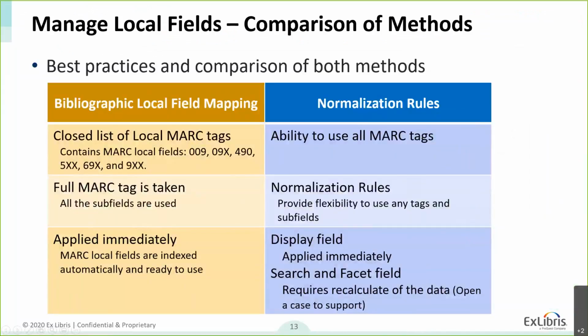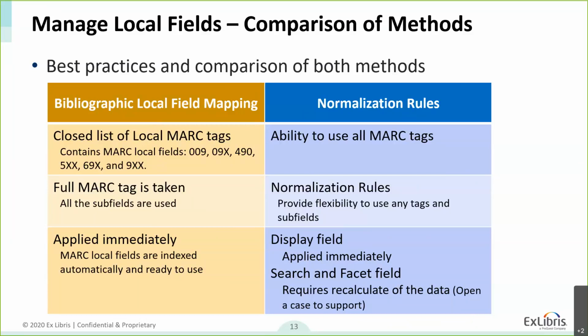I would like to do some comparison between the methods. It is a summary of the differences between the two methods that we talked about. In bibliographic local field mapping, you can use a closed list of local fields, and in normalization rules, you can use all MARC tags.